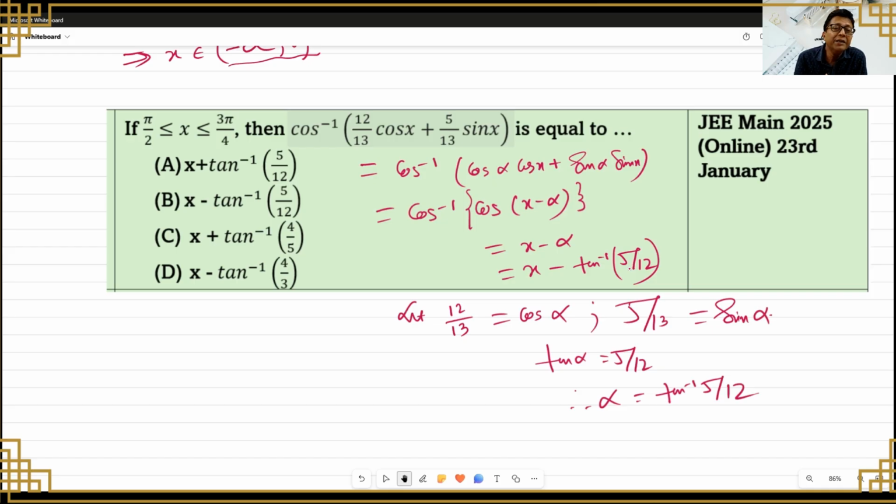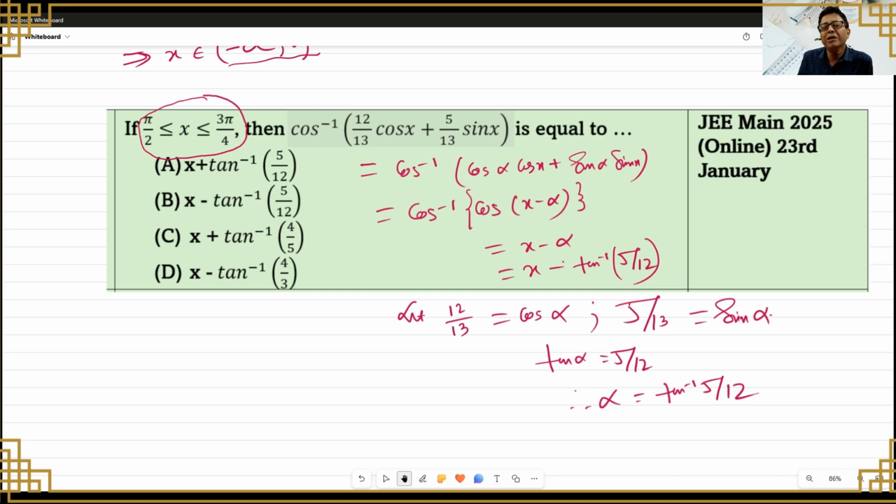One thing you need to verify: when you are converting cos inverse cos to x minus alpha, are you obeying this condition? Is it belonging to the principal value branch or not? Of course it will belong.